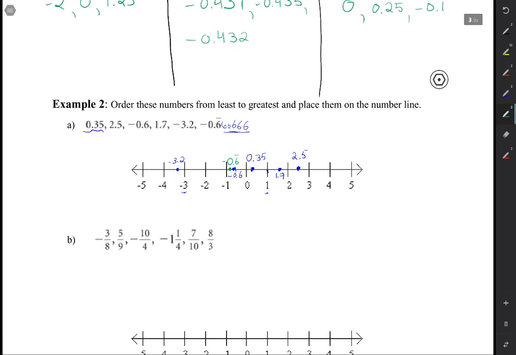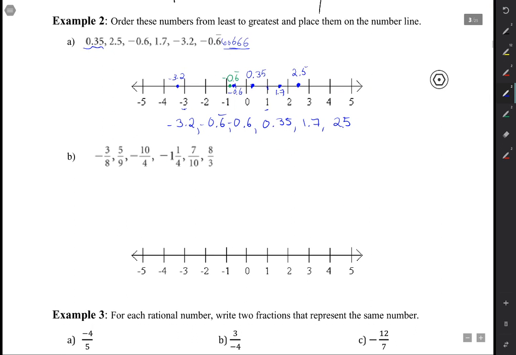Okay, so if we were to order these numbers from least to greatest, it would be negative 3.2, then negative 0.6 repeated, negative 0.6, 0.35, 1.7, and 2.5.